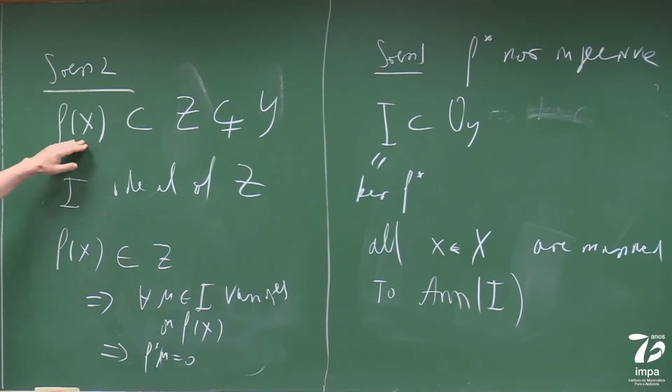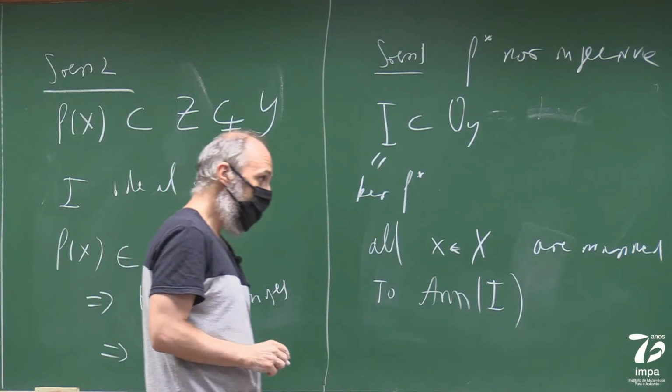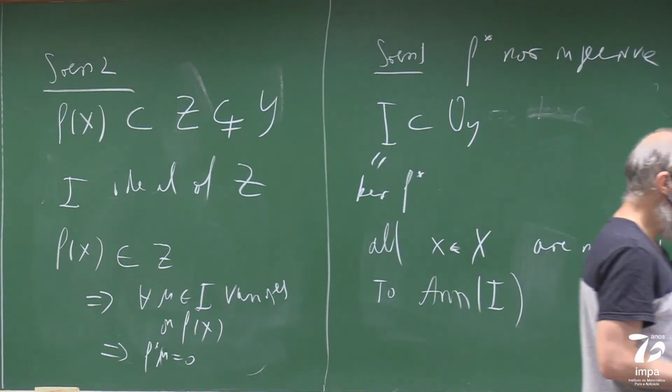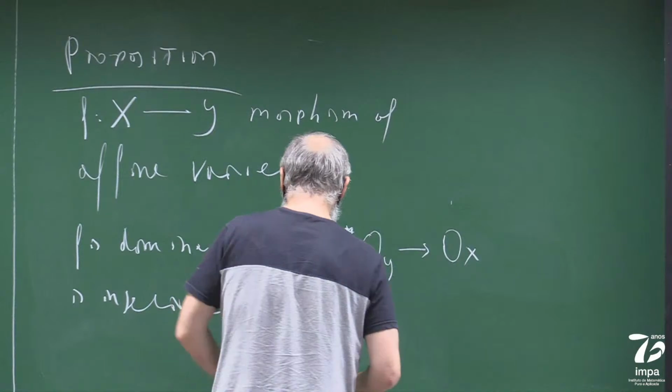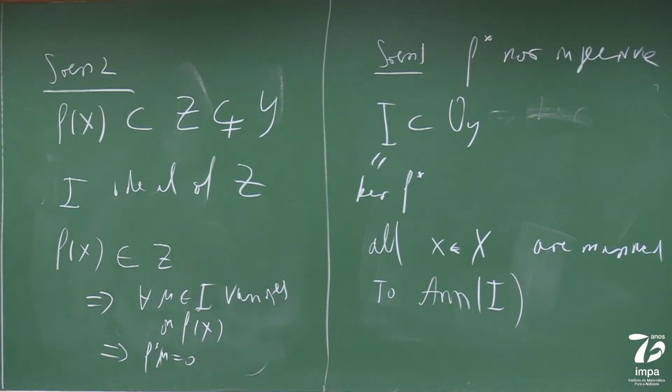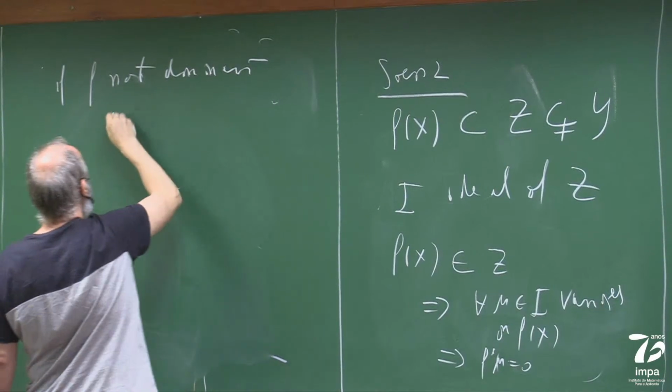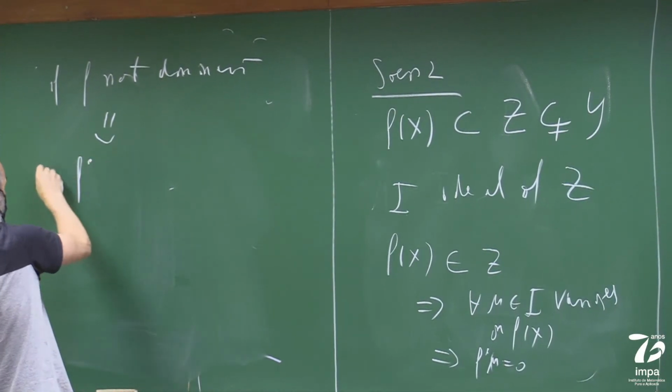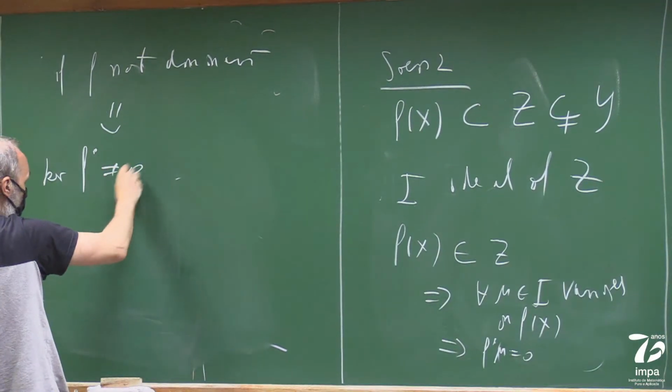So if f is not dominant, then the kernel of f star is non-zero.